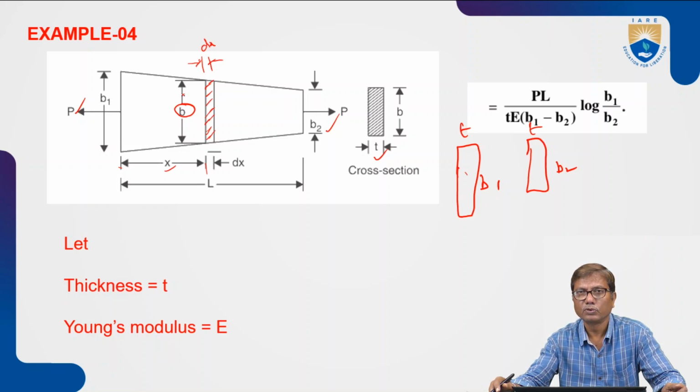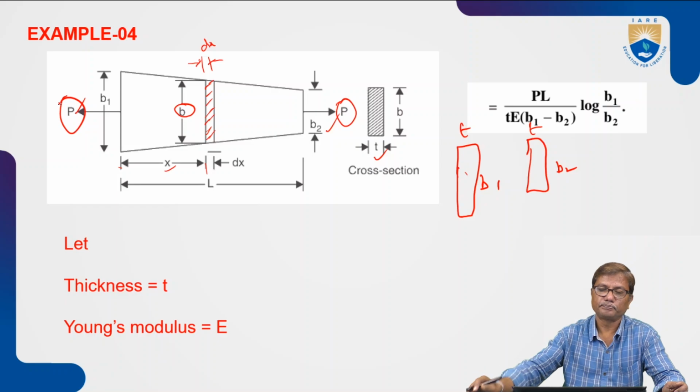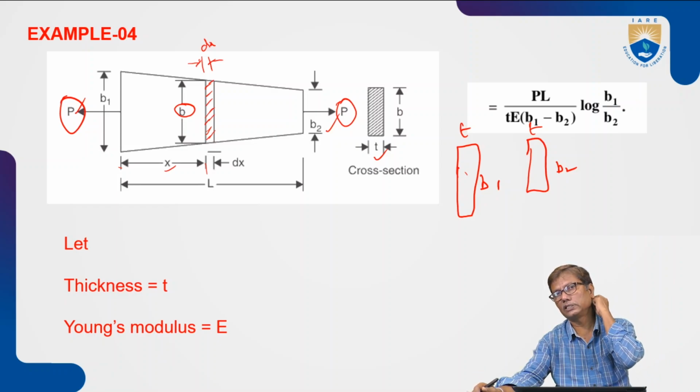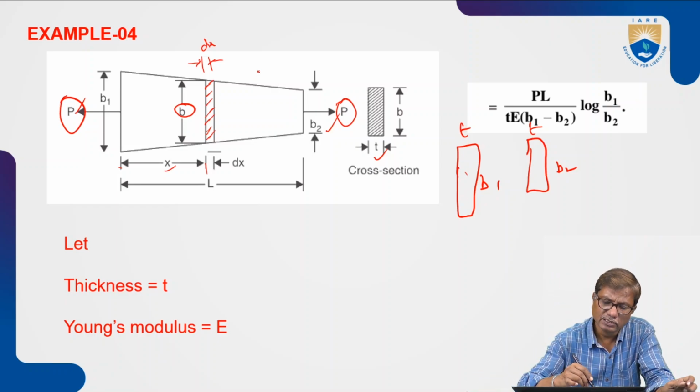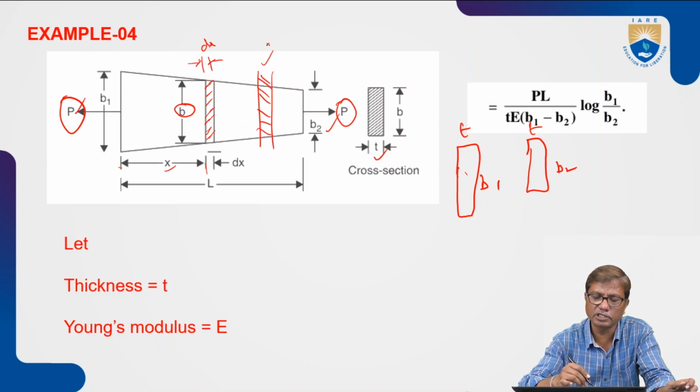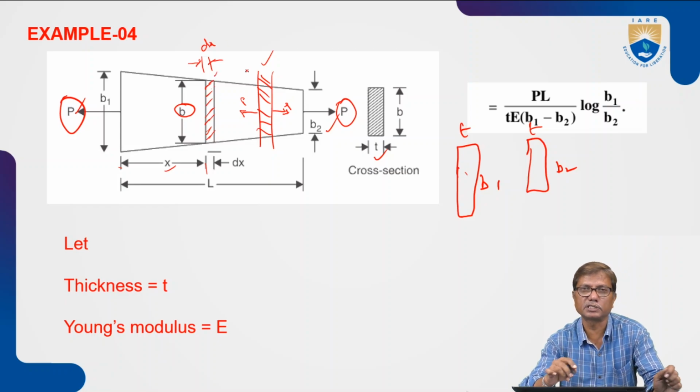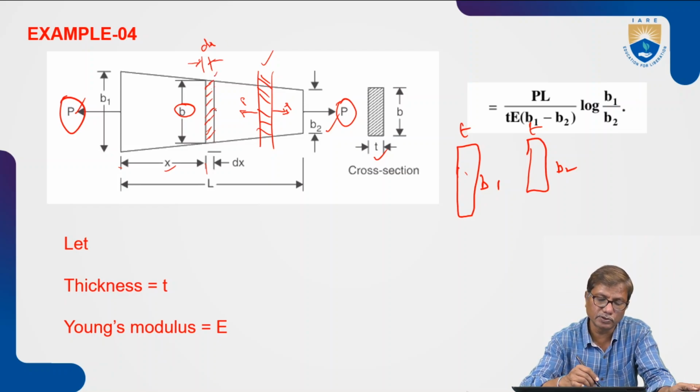The bar is subjected to an axial pull of P. So each and every portion will be subjected to an axial pull of P. That means this delta x here also is subjected to the same pull P.